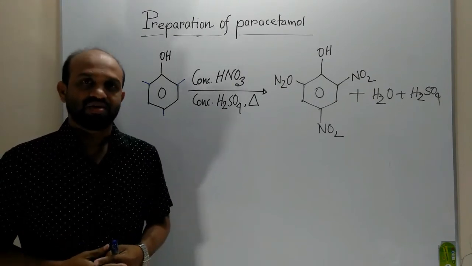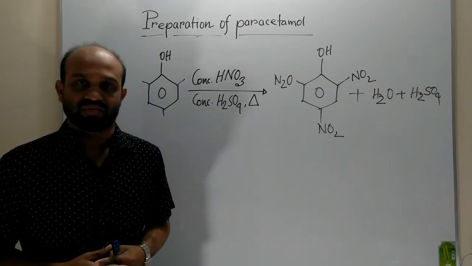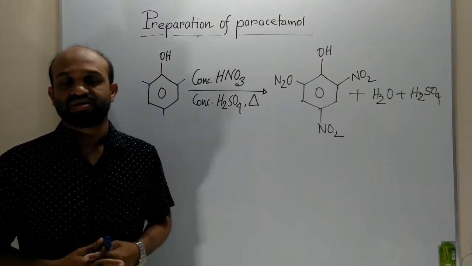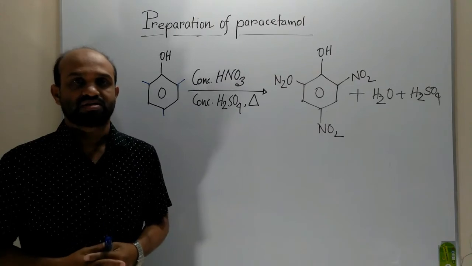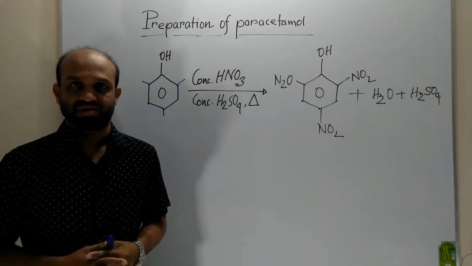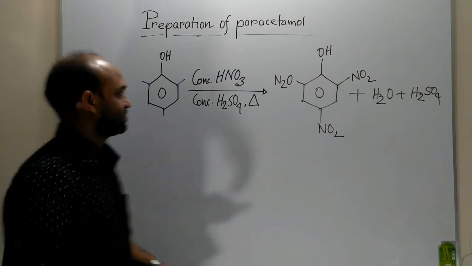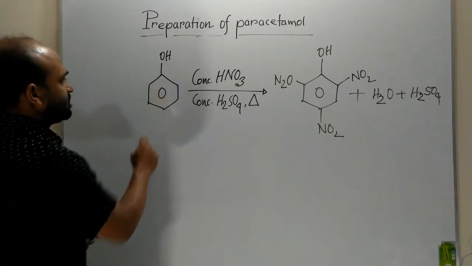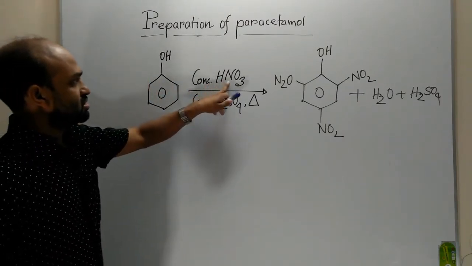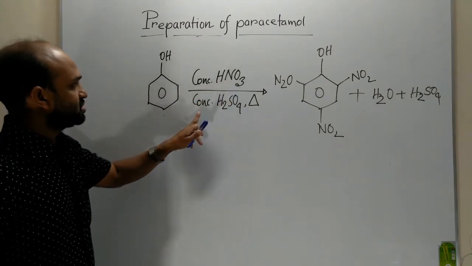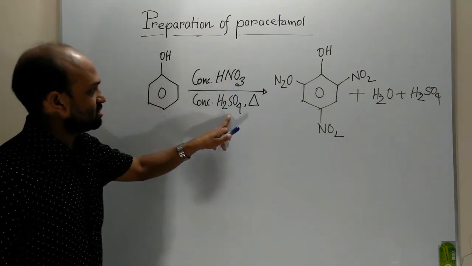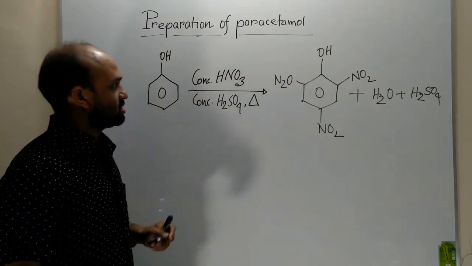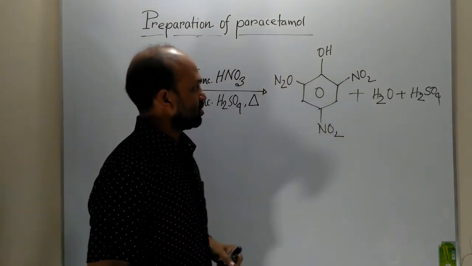At the same time, one point should be kept in our mind, and that is what happens when concentrated nitric acid is used instead of diluted nitric acid. So let's say when phenol is treated with concentrated nitric acid in presence of concentrated sulfuric acid and the mixture is heated, then we get this compound.